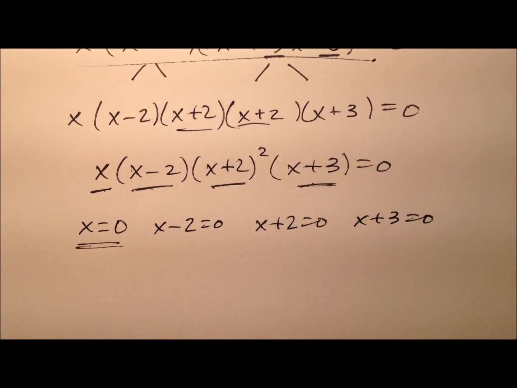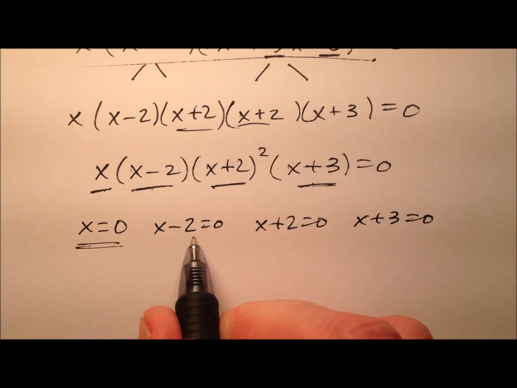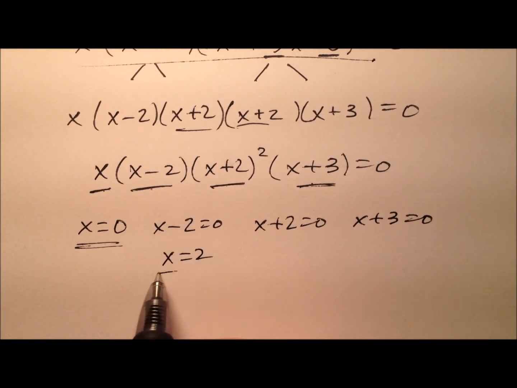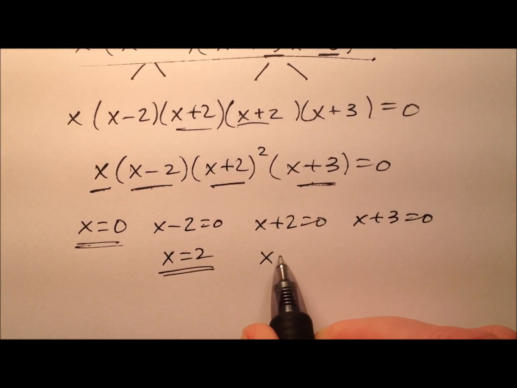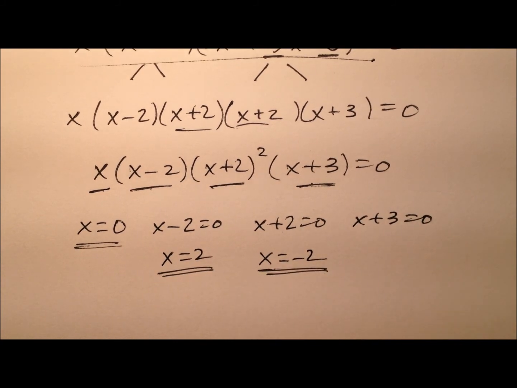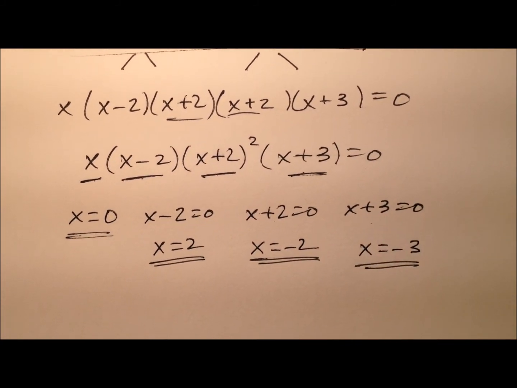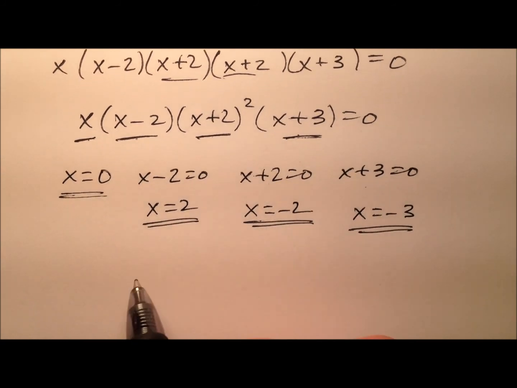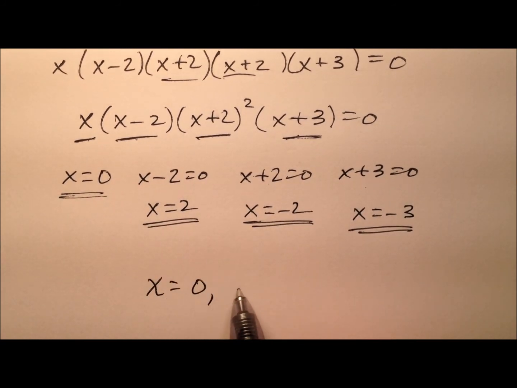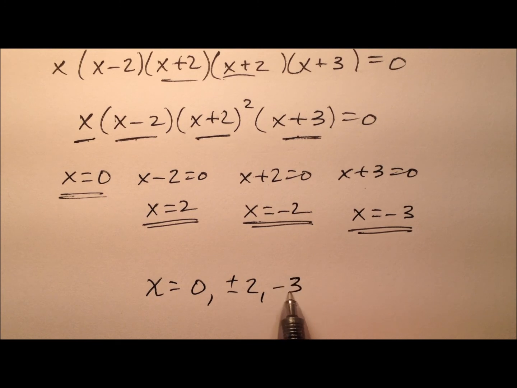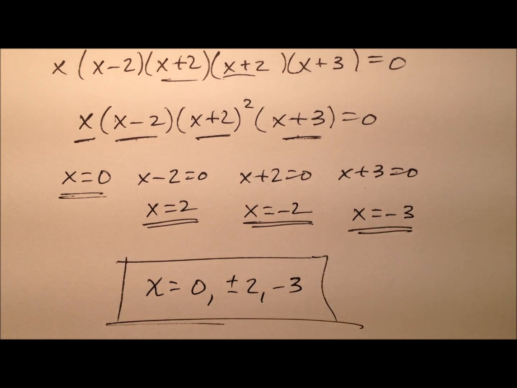Well, x equals 0 is already solved for. So when I add 2 here, I'll have x equals 2. When I subtract 2, I'll have x equals negative 2. And when I subtract 3, I'll have x equals negative 3. So here are my four values. X equals 0, plus or minus 2, or negative 3.